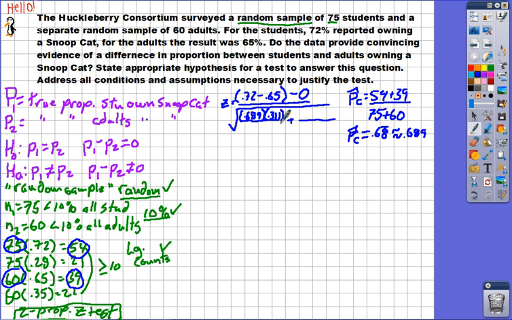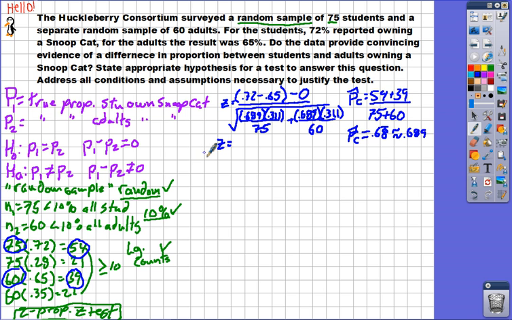0.311, divided by the sample size, 75. And we assume it's correct over here as well. So we stay with the same 0.689 multiplied by 0.311, and that's divided by its sample size of 60. So we end up with z equaling, oh gosh, where did we get to here?